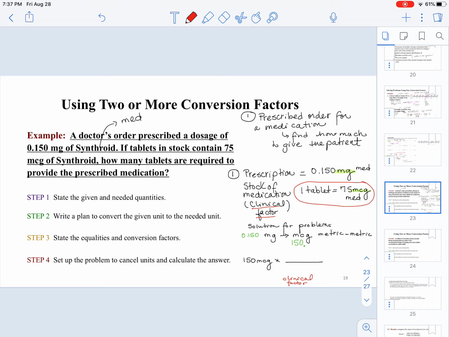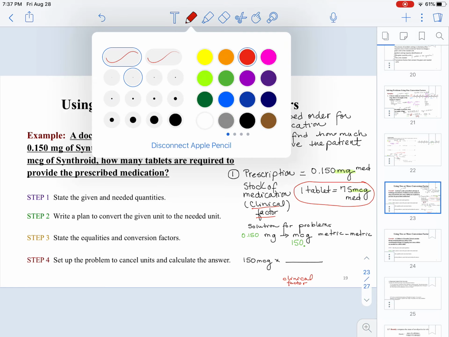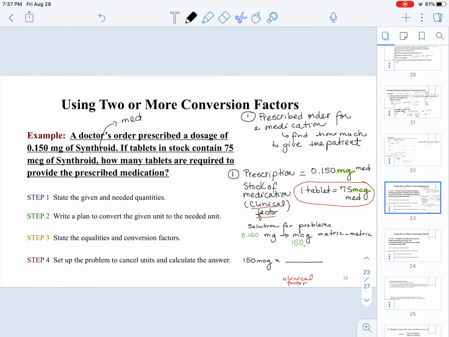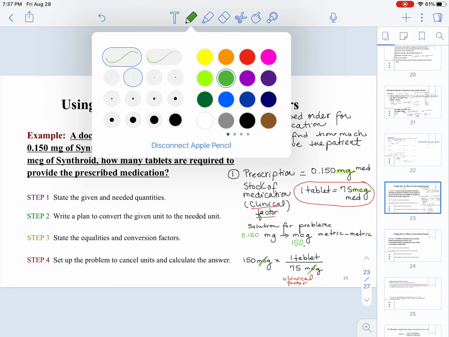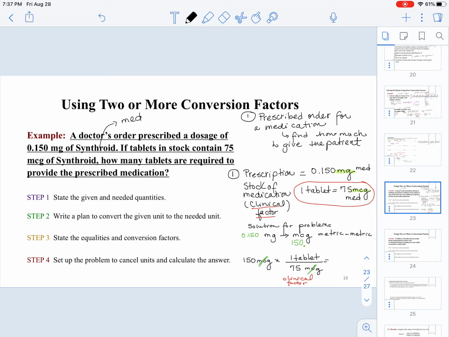Similar to what we did before, in the bottom, we need to match the unit that matches those micrograms, which is going to be 75 micrograms. We are going to put on top what it equals to, which is 1 tablet. So the units cancel, micrograms with micrograms. When you take 150 and divide it by 75, you see that this patient needs to be given 2 tablets.